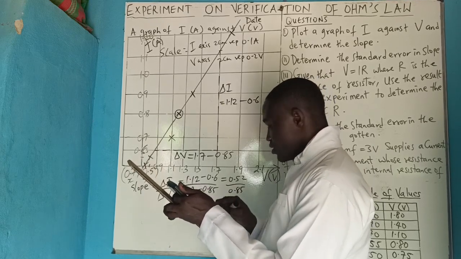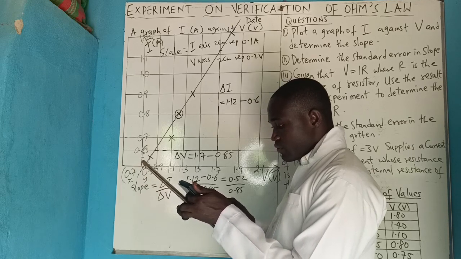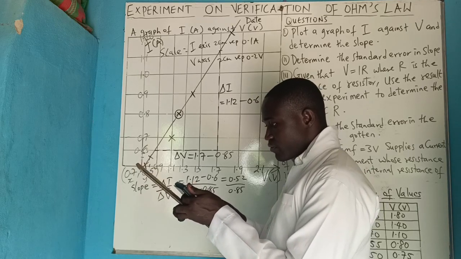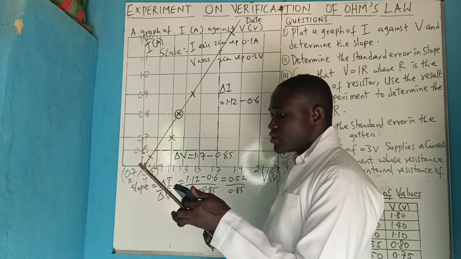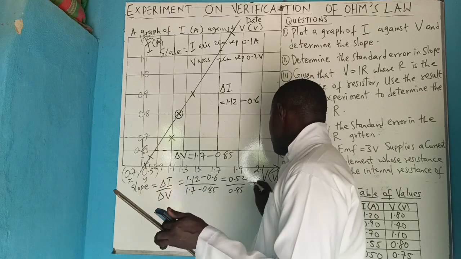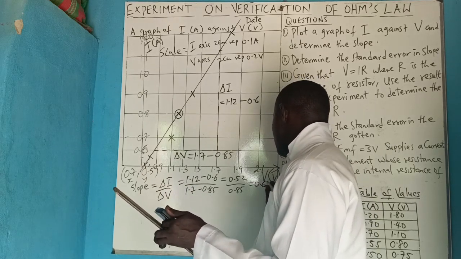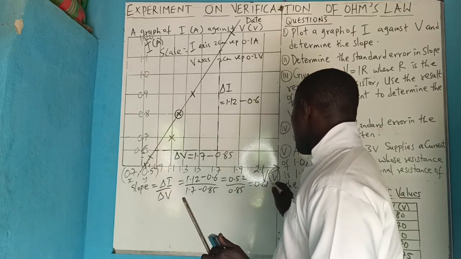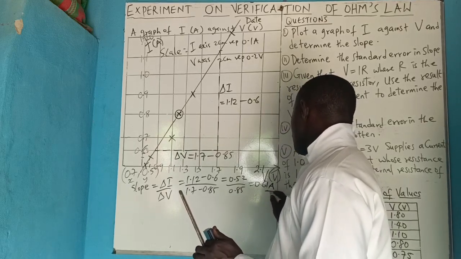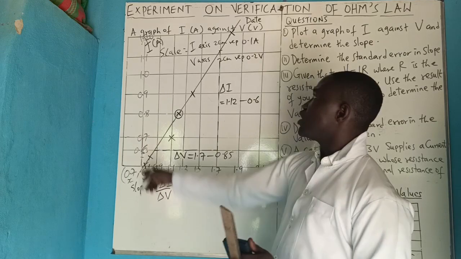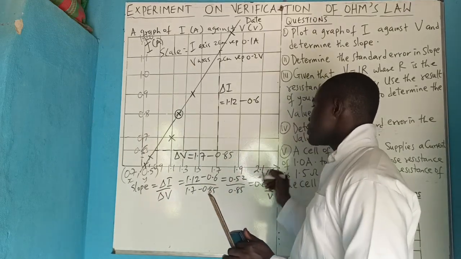So you'll be having 0.52 divided by 0.85. You will be having 0.61. 0.61 ampere over what? Volts. The unit of current is ampere, the unit of voltage is volts.